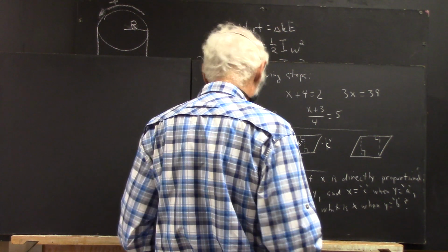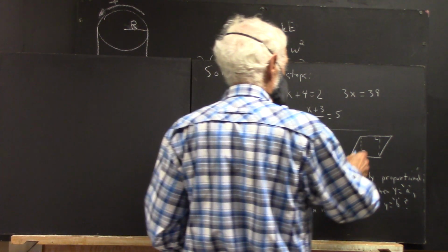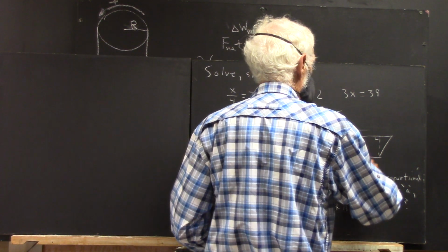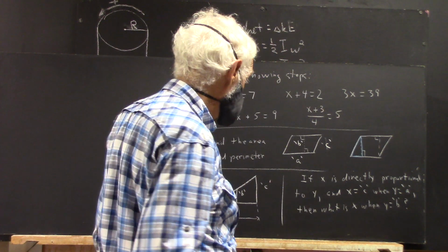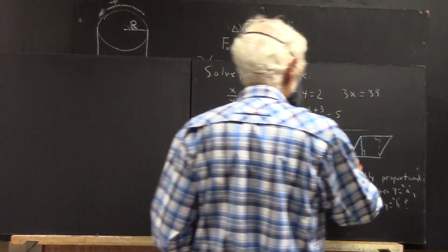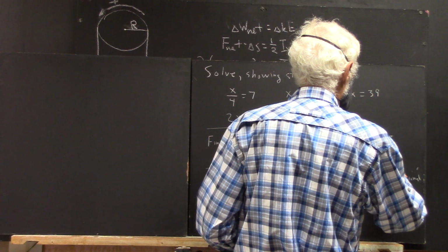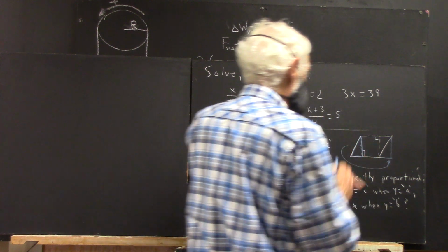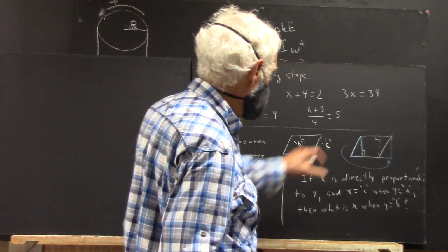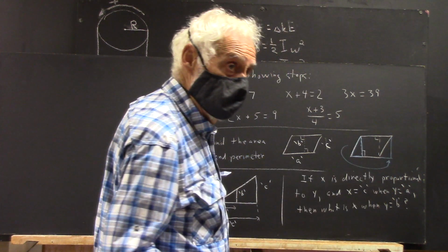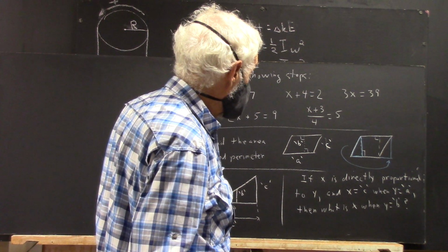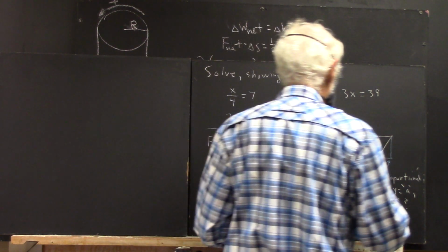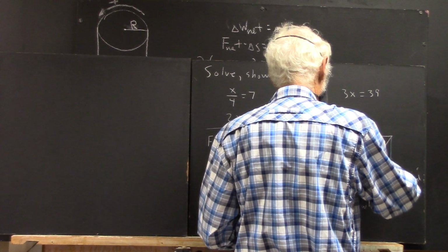So I can chop off this triangle and bring it over here and just flip it. Actually, I don't even have to flip it, I can just take it right over there. Okay? And I can put it on here, and now what we've got is a rectangle here.